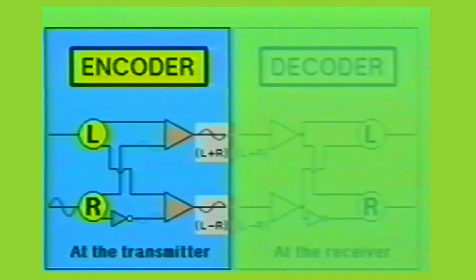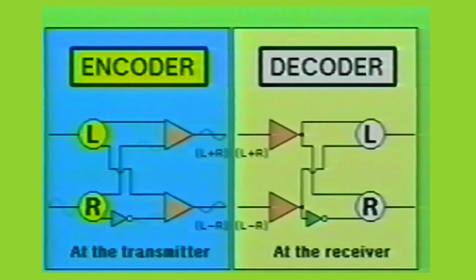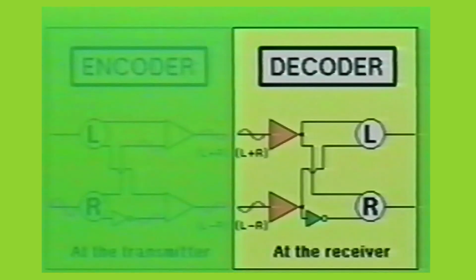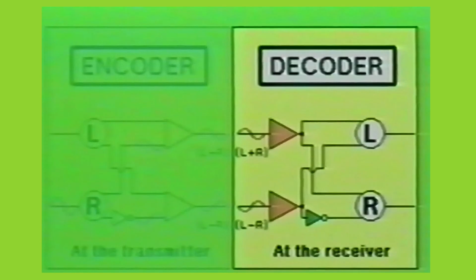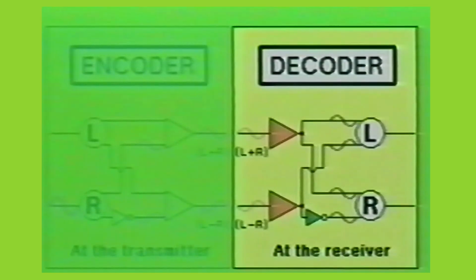The L plus R and L minus R audio signals leave the matrix encoder and are sent to the matrix decoder. In the decoder, the L plus R signal goes to both the left and right outputs, while at the same time, the L minus R signal goes to both the left output and through the inverter to the right output. Now notice the waveforms at the left channel and the right channel.